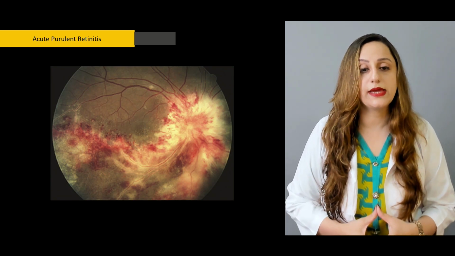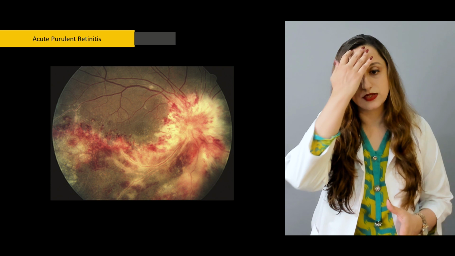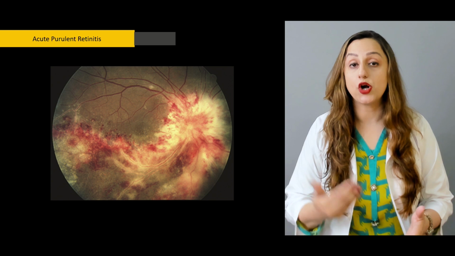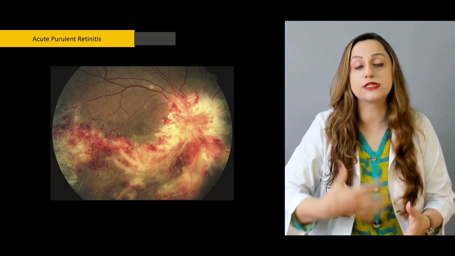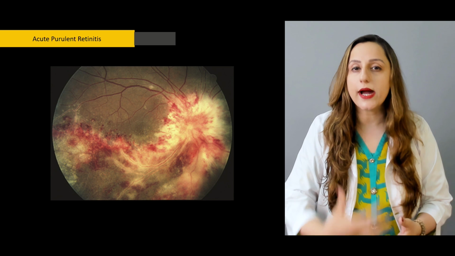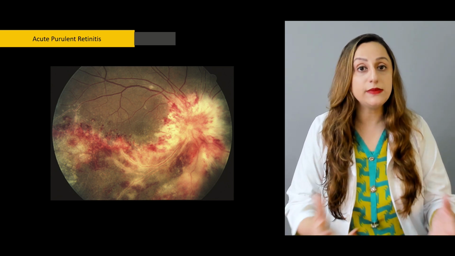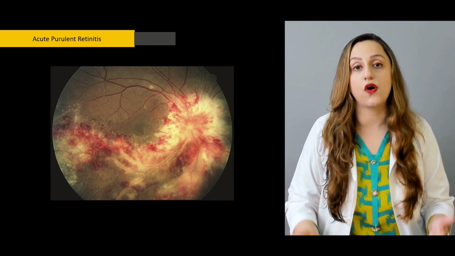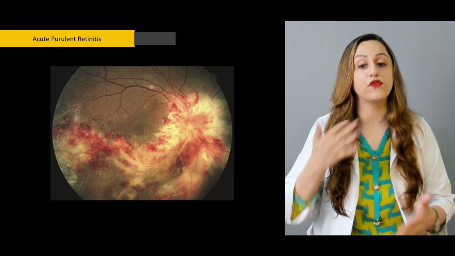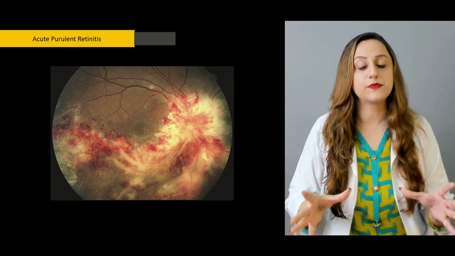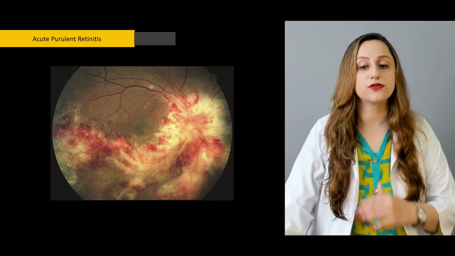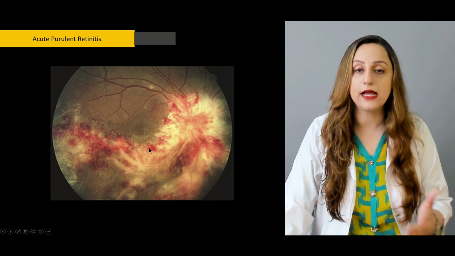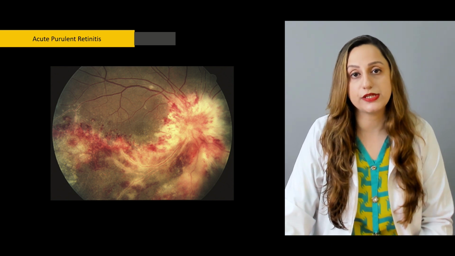Then on the other hand, we have the acute purulent retinitis over here. It can be an acute stage of retinitis, as I've already mentioned, and this acute stage can sometimes become quite pyogenic, and pus is present at the retina. It's an advanced stage of retinitis, as can be seen in this ophthalmoscopic finding, where there is a lot of pus and a lot of hemorrhagic findings seen on fundoscopy.